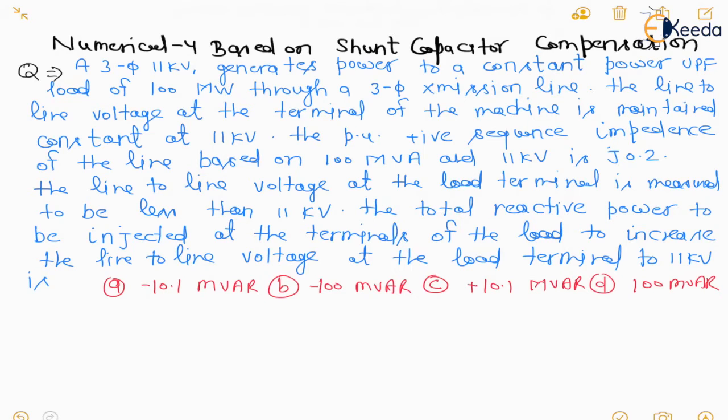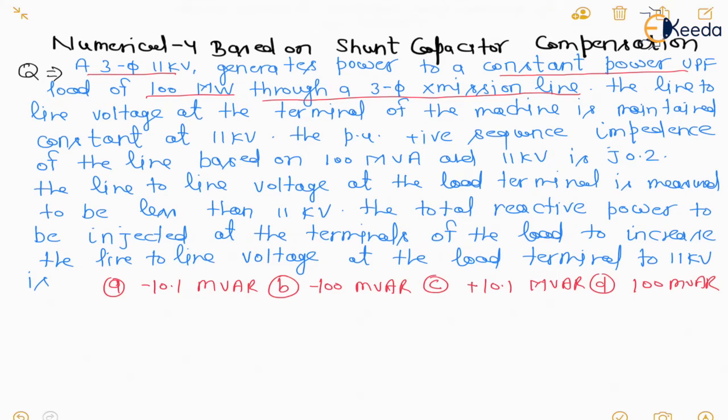The given question is a 3-phase 11 kV generator that generates power to a constant power UPF load of 100 megawatt through a 3-phase transmission line. The line to line voltage at the terminal of the machine is maintained constant at 11 kV.